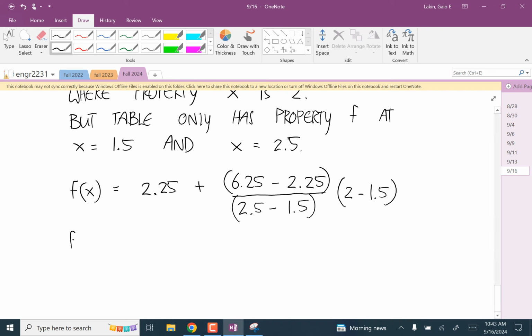Now you just plug those values in and calculate it. I should probably change that to an approximate equal sign, that f is about equal to 2.25 plus 4 times 0.5, so that's 4.25.